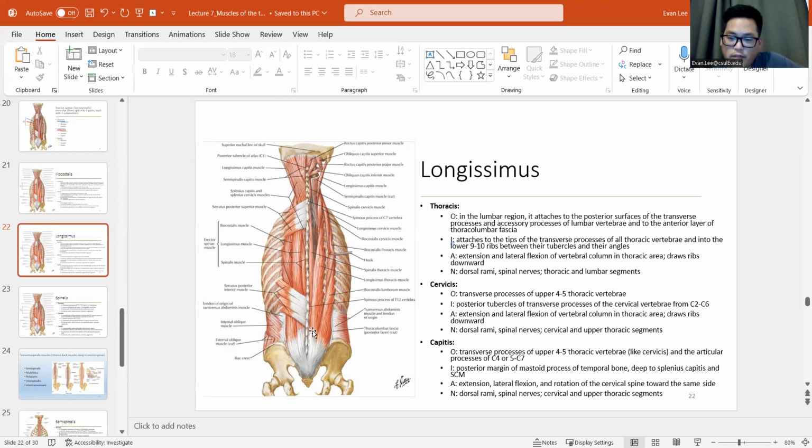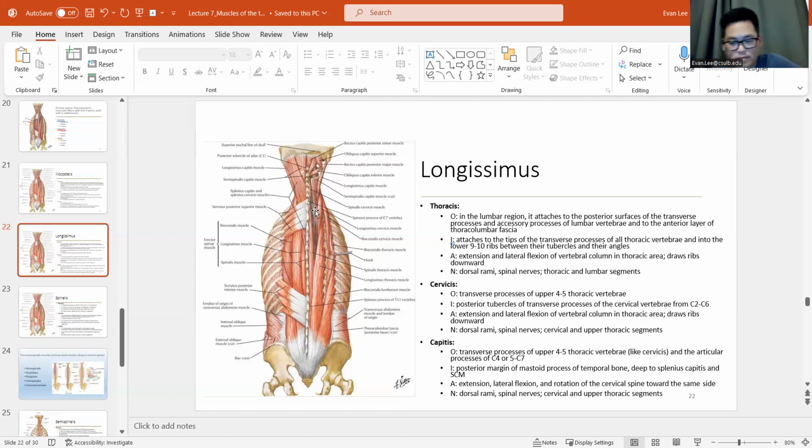So if you look at this muscle, it's going to be connecting slightly lateral along the vertebral column, basically. So for the thoracic region, it goes up and connects to a little bit of the ribs, but also the transverse processes of the thoracic vertebrae. Cervicis is going to go up and then go to the transverse processes of the cervical vertebrae.